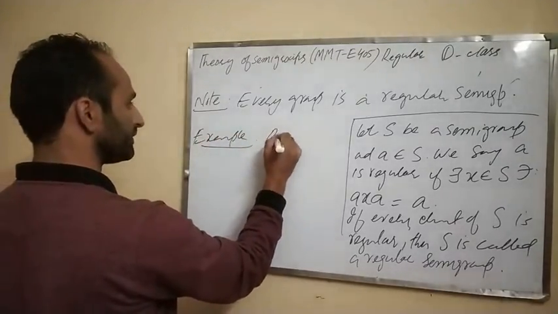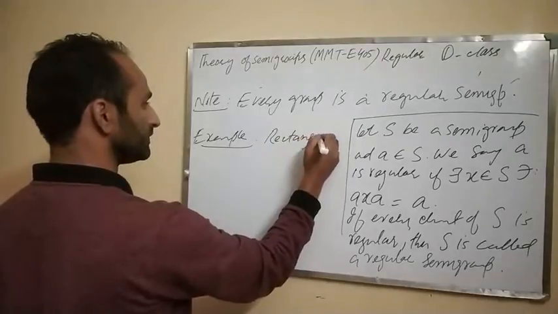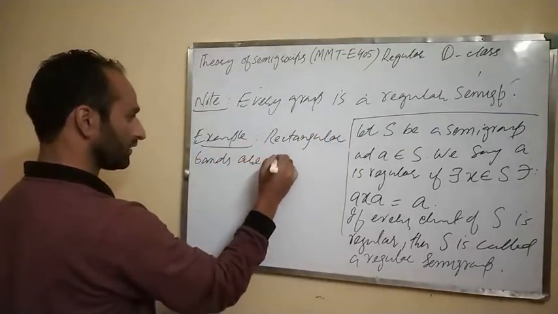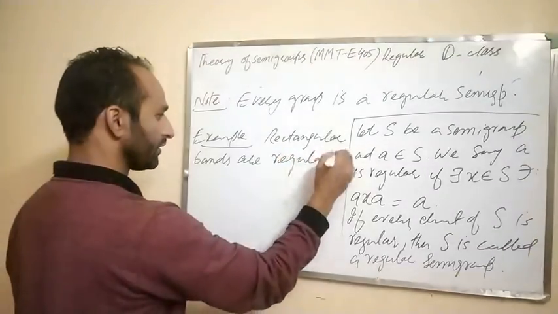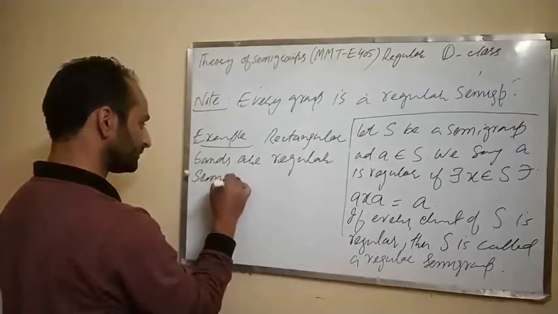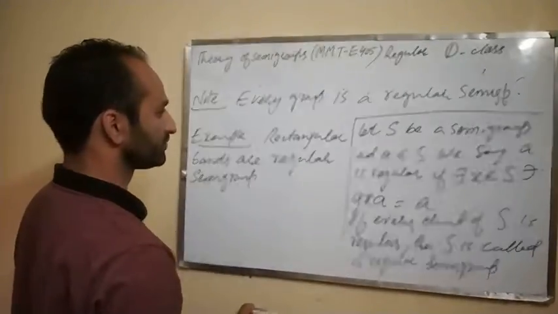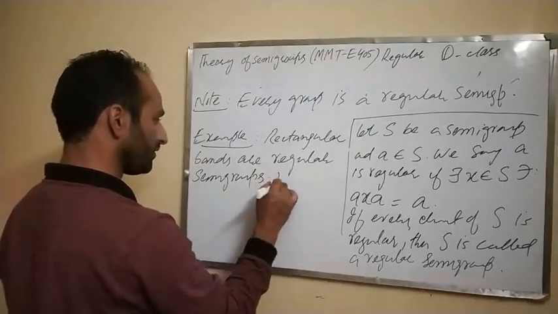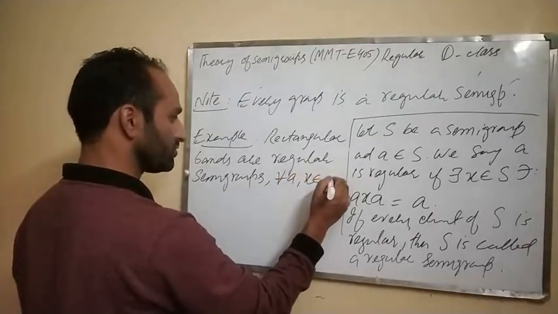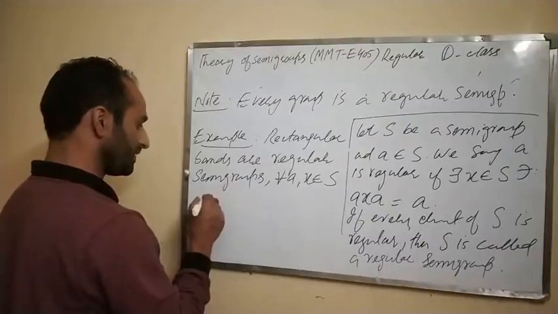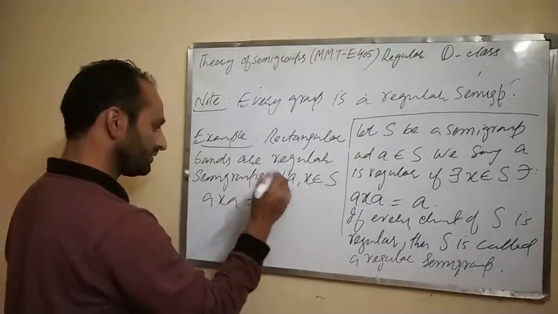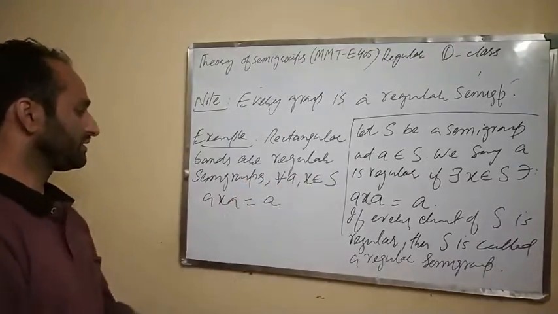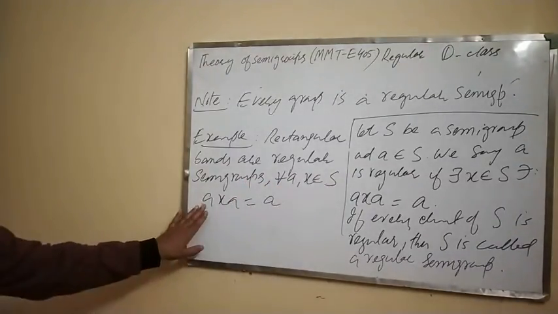rectangular bands. Rectangular bands are regular semigroups, because in a rectangular band we have, for all A, X belonging to S, AXA is equal to A. This is always true for each A and for each X in S. So that means every element is actually regular.